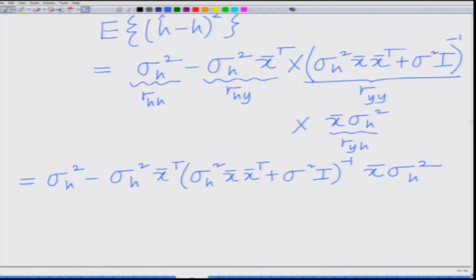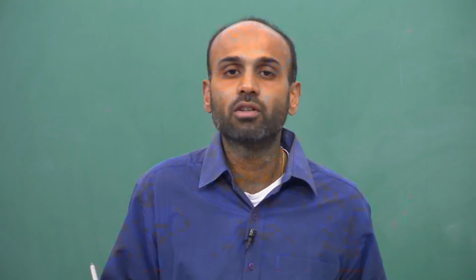Okay. So, this is your MMSE, that is the minimum mean squared error for the estimation of the channel coefficient h.